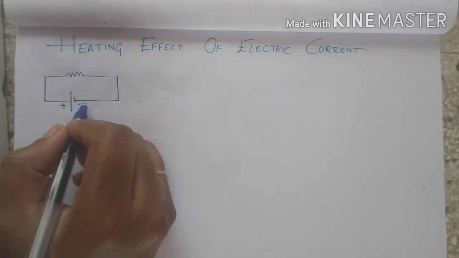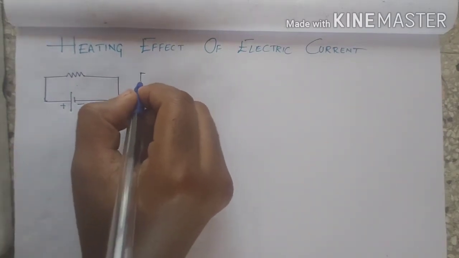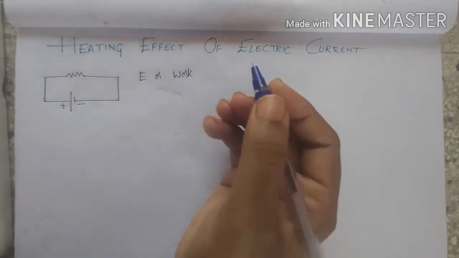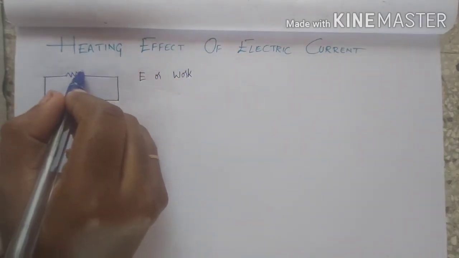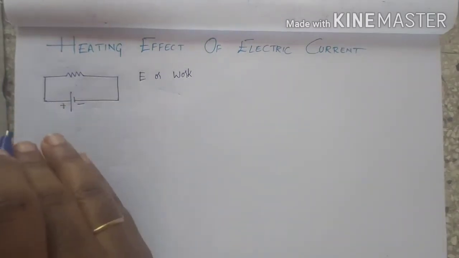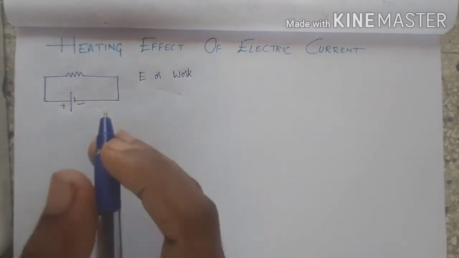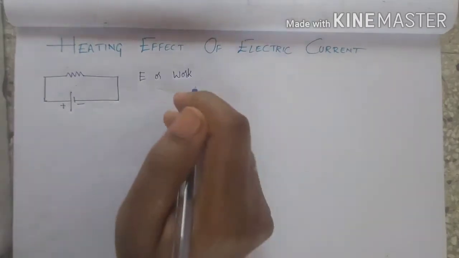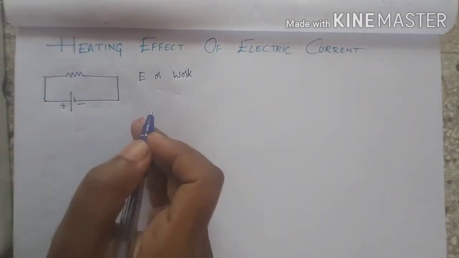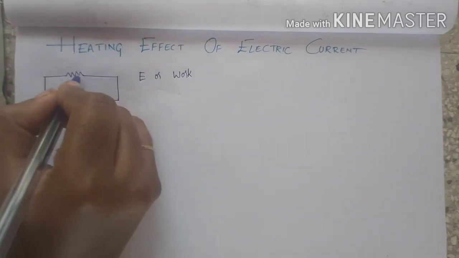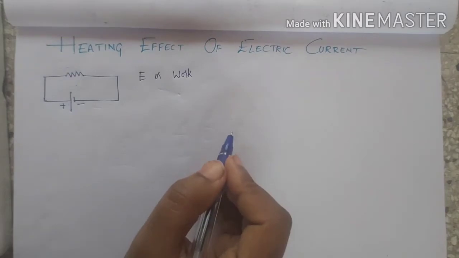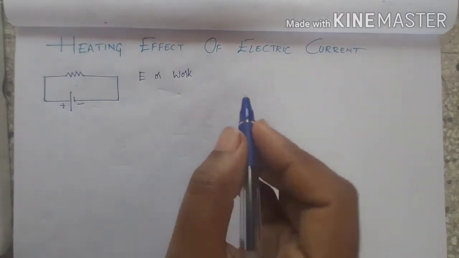So here the electrical energy E, or the work, can be seen as useful work, which means the current used by the resistor to do some work. If it is a fan, the fan will start moving, or if it is a light, it will start glowing. So the chemical energy that is changed into electrical energy will be used by the resistor as useful work, and the rest of the energy will be lost as heating or thermal energy.